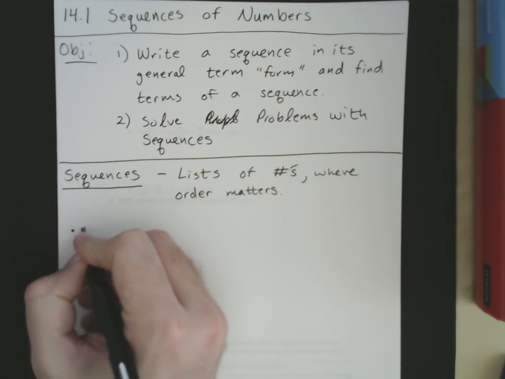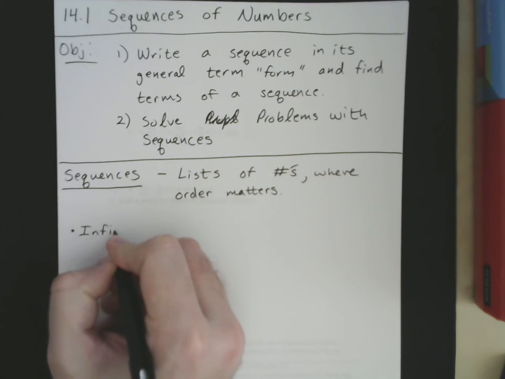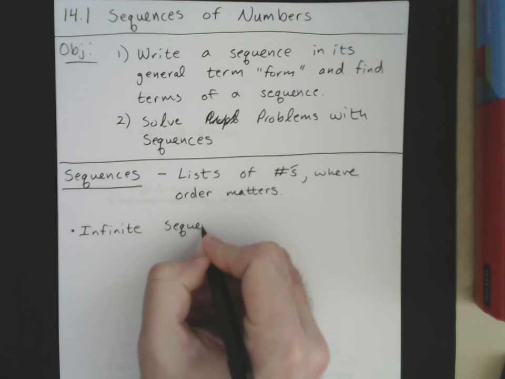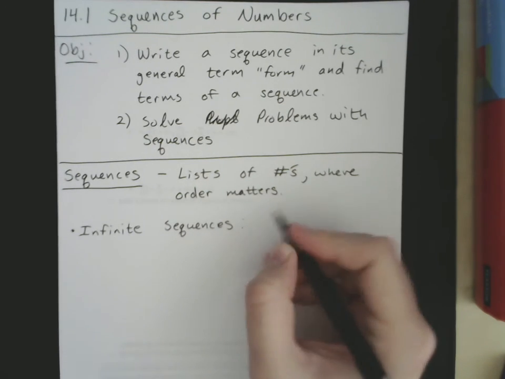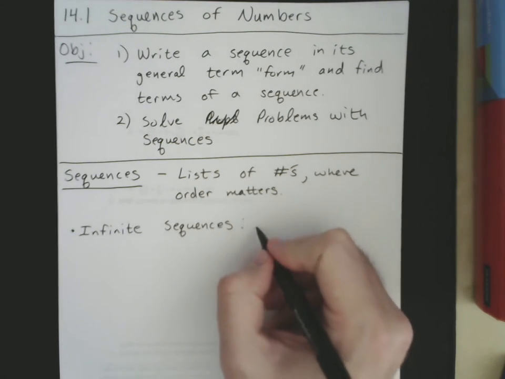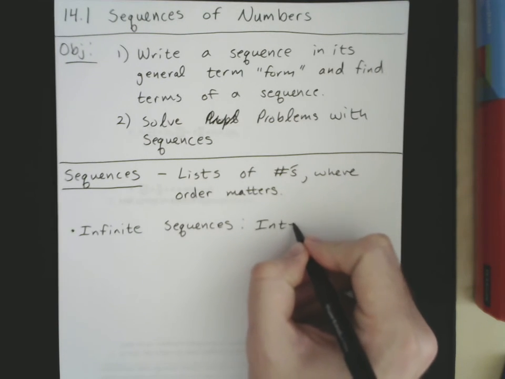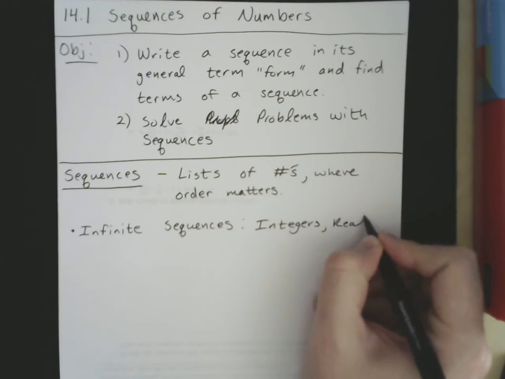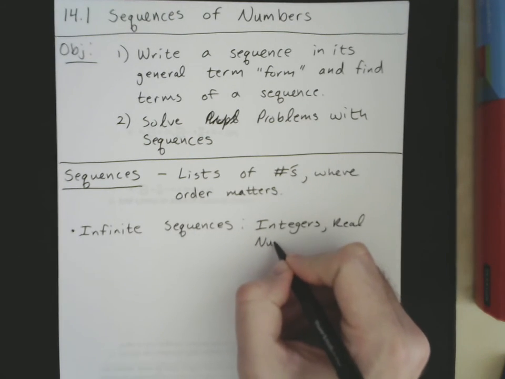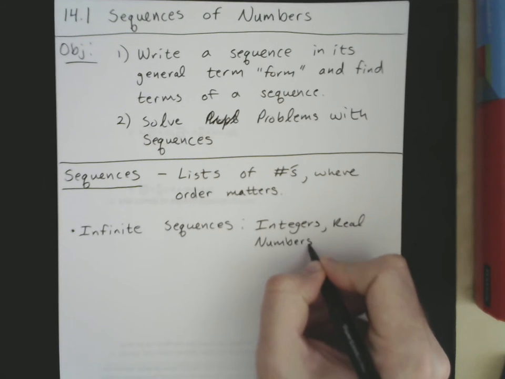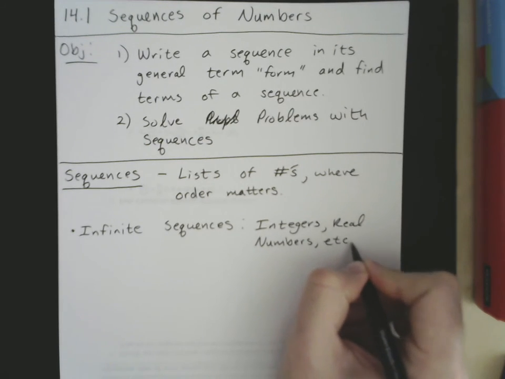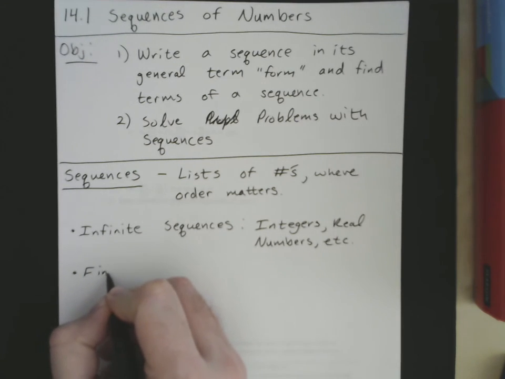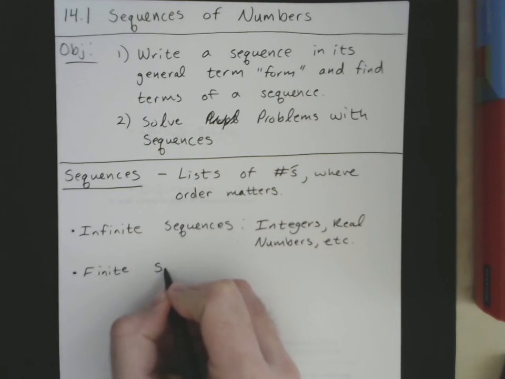The first is infinite sequences. And we know a couple famous infinite sequences, the integers, the real numbers, and so on, etc. And the other main type of sequence are finite sequences.